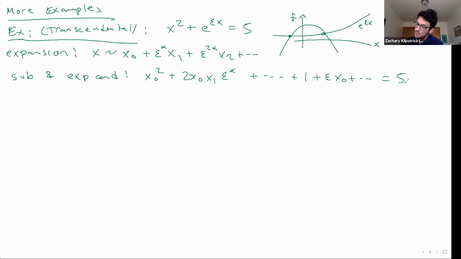I don't even really have to do much at epsilon to the 0. I have this term, this term, and this term, so x0 squared equals 4, x0 equals plus or minus 2. In my plot, you can see that that's roughly true.